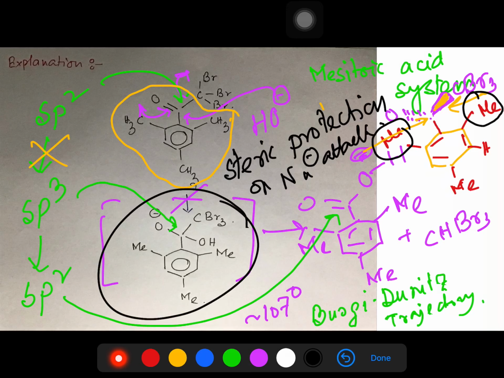Now another interesting point which I think you should remember: what is the role of this methyl group? We know that the two ortho methyls impose the steric repulsion, but what is this one? This is actually a dummy group. But question, why is it given? Because mesitylene can easily be prepared by trimerization of acetone, and I have discussed this in another video.